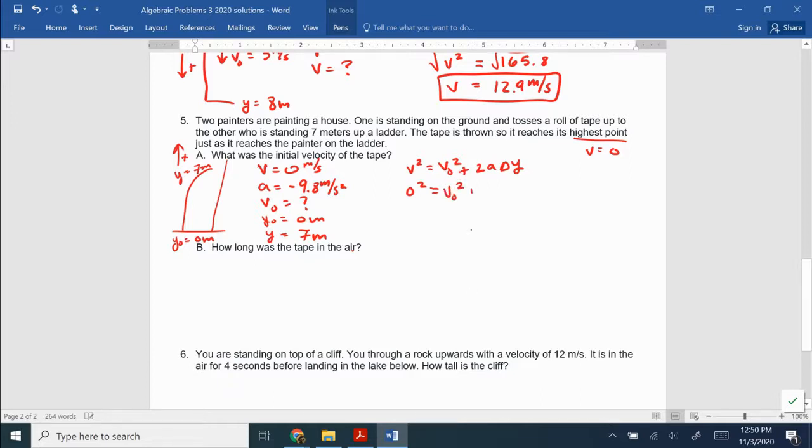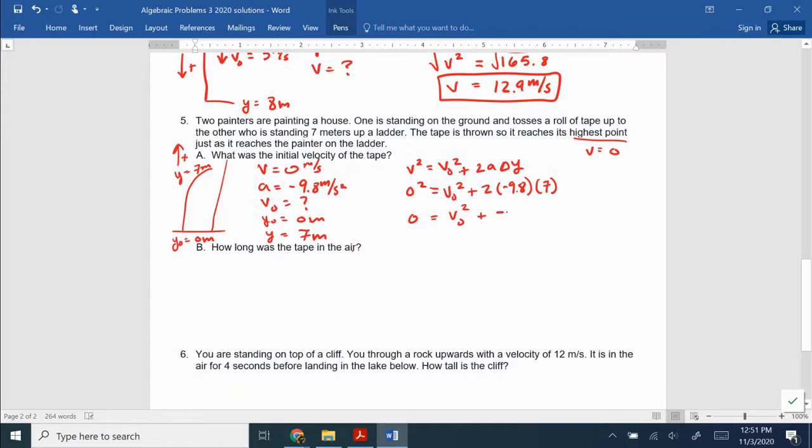So v naught squared plus 2 times negative 9.8 times 7.